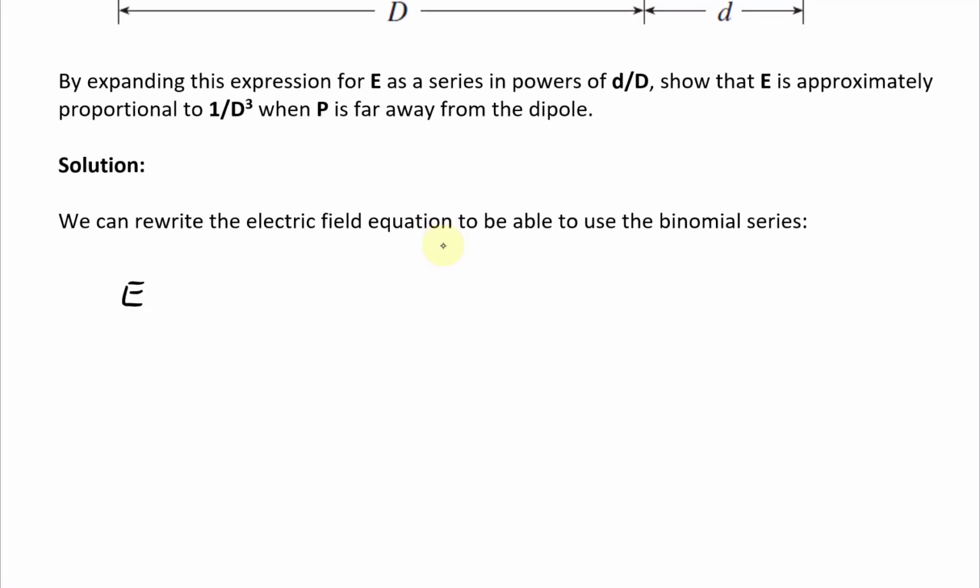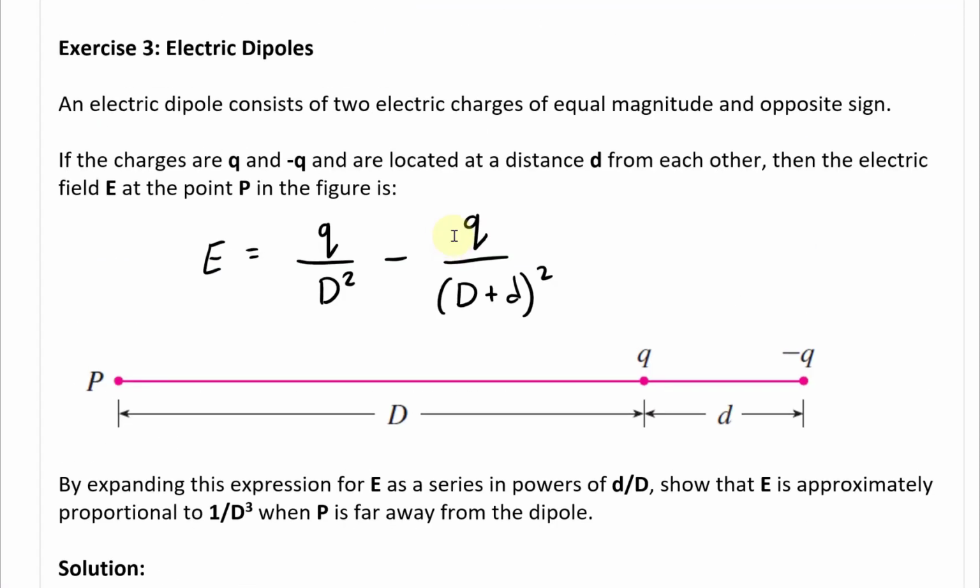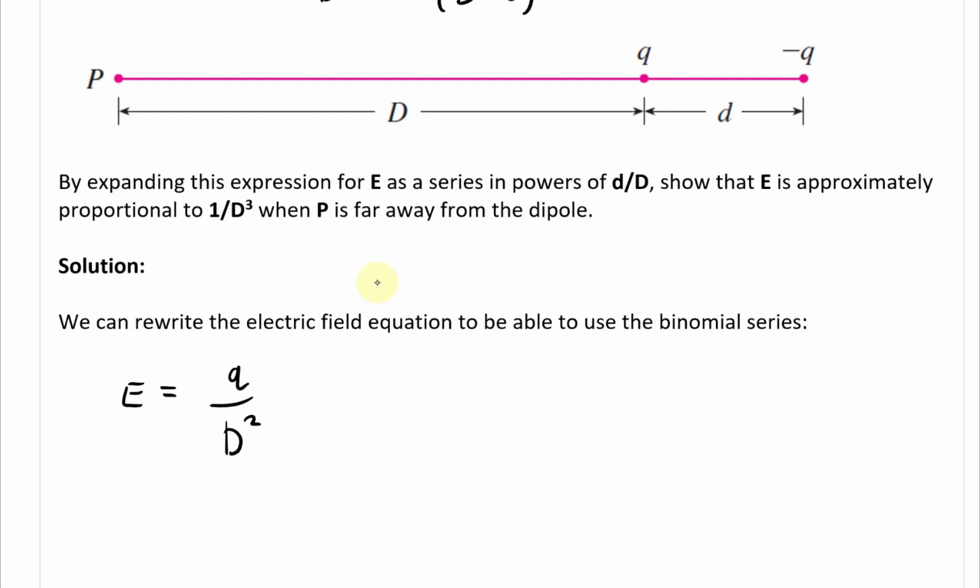We can rewrite it as E equals q over D squared minus q over D plus d squared.